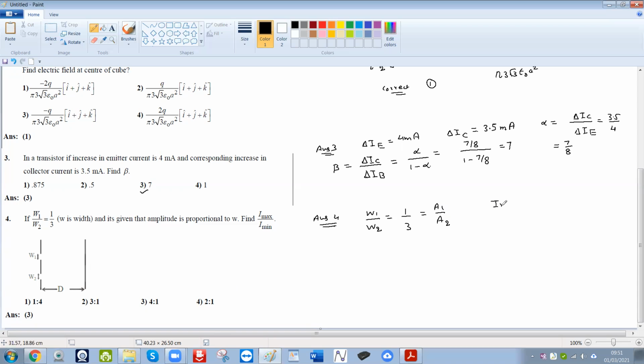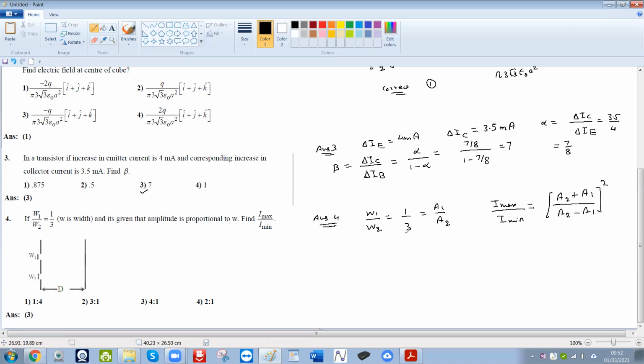Now I max upon I minimum is equal to A2 plus A1 upon A2 minus A1, whole square.